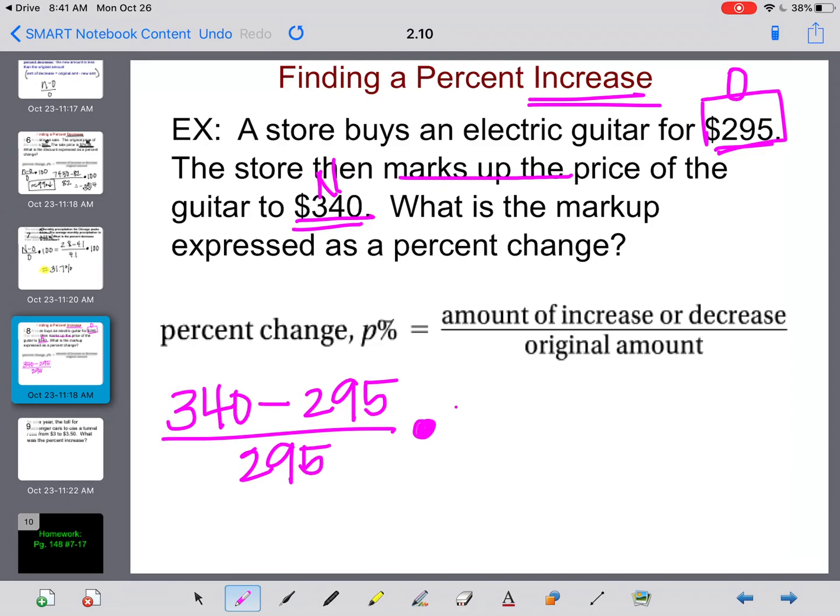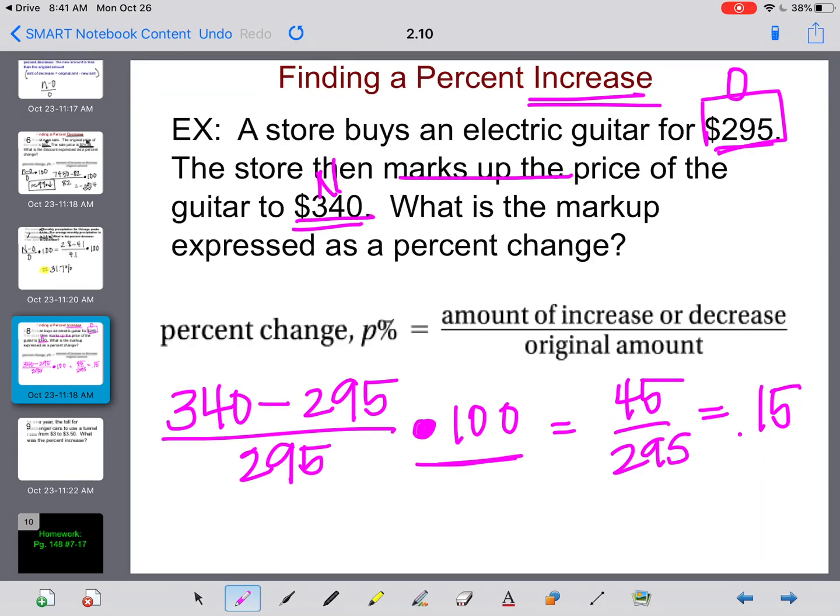So I'm going to do new minus original divided by original, and then multiply that times 100. When I do 340 minus 295, I get 45. And then divide that by 295.